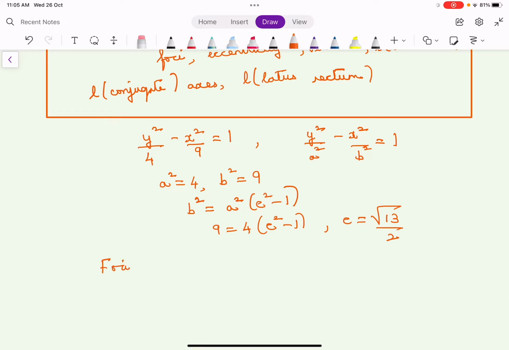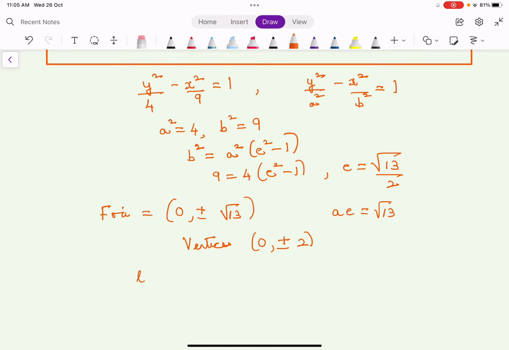Foci is 0 plus or minus AE. That would be 0 plus or minus root 13, because AE will be root 13. Then you have the vertices. Your vertices are 0 plus or minus a. That would be 0 plus or minus 2.